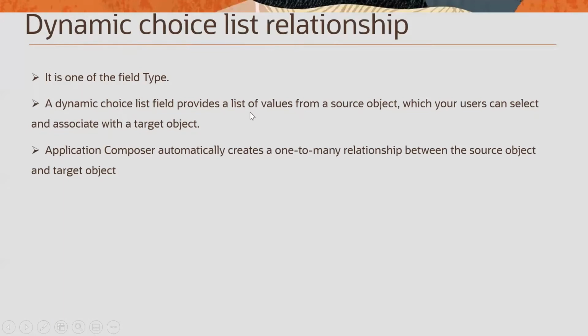It holds the values of another object. Suppose in the contact object we create an account DCL, an account dropdown. There we can see the values of accounts available in the system, or accounts created in the account object.